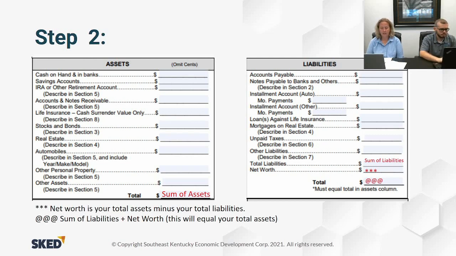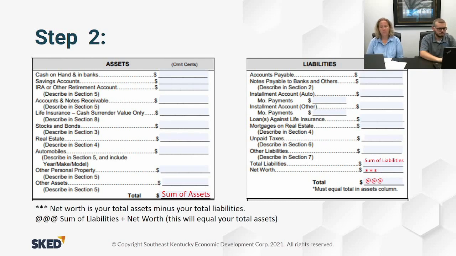And then other assets. So this is kind of the column where if something that you have doesn't fit in any other section, you would put it here. And then you're just going to add up all of those numbers to get your total, which is just the sum of your assets. So once you get the assets taken care of, we have to move over to liabilities.